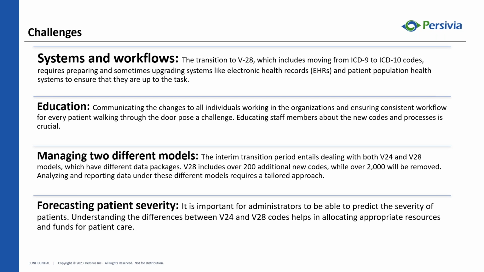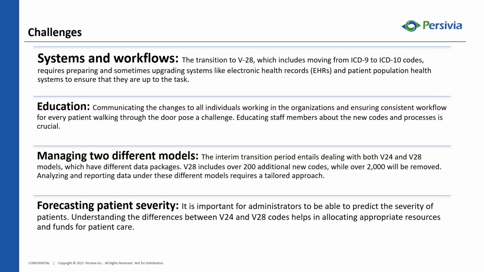And I can tell you, I have seen gaps internally from my own teams when we've built tools, even our vendor partners, where things have been dropped out. And so definitely something that you want to attend to. And again, making sure to calculate both V24 and V28 and then providing that crosswalk.